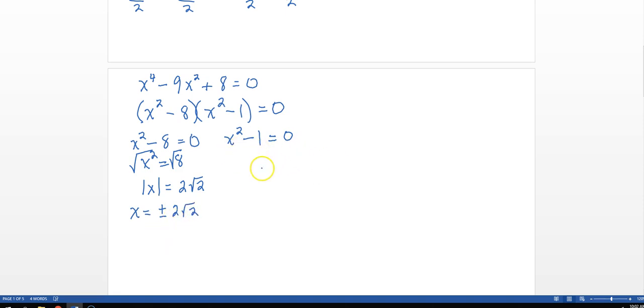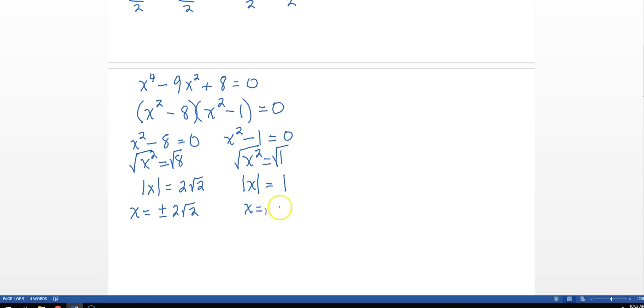Solving this equation for x, I can once again isolate the x squared by adding 1 to both sides. Apply the square root to both sides as the inverse, and I get the absolute value of x is equal to the square root of 1, which is 1.